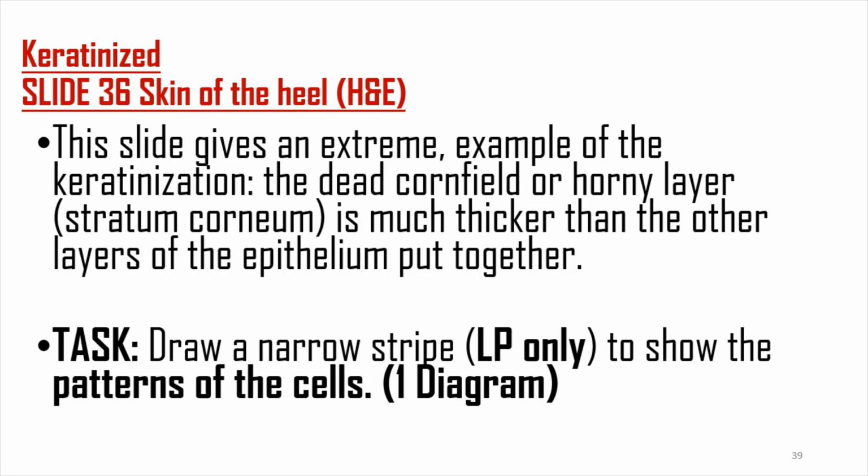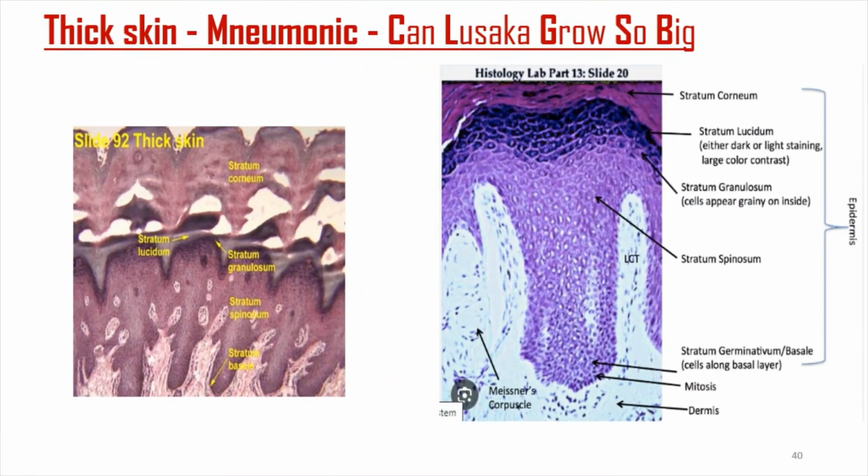So you're required to draw at low power only for this one. So this is the one that is found in the skin. So as you can see, this is the stratified squamous epithelia. This dark thing on top here, that's keratin. So when you're drawing for the stratified keratinized squamous epithelium of the skin, you're supposed to show keratin on top of the squamous cells.